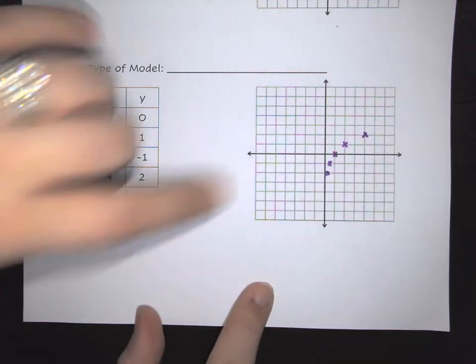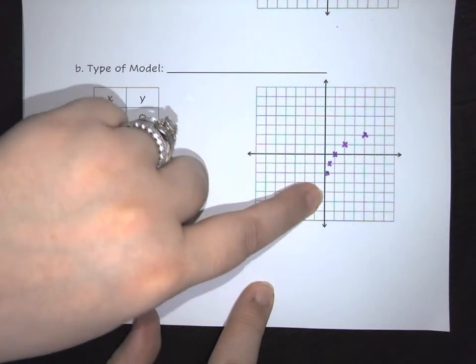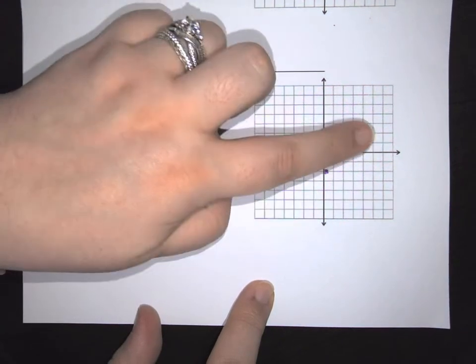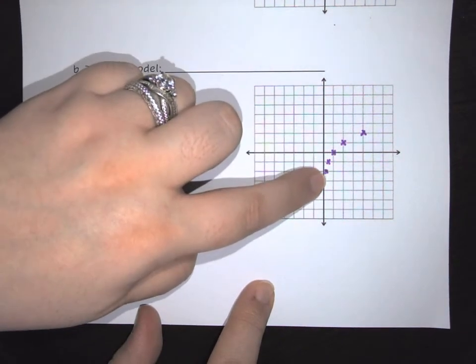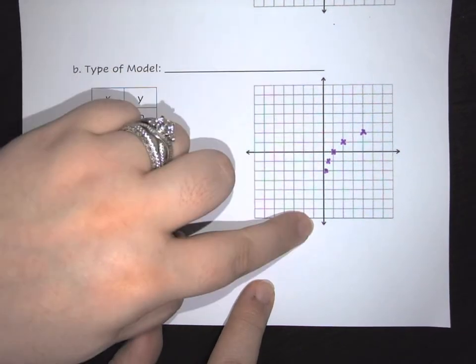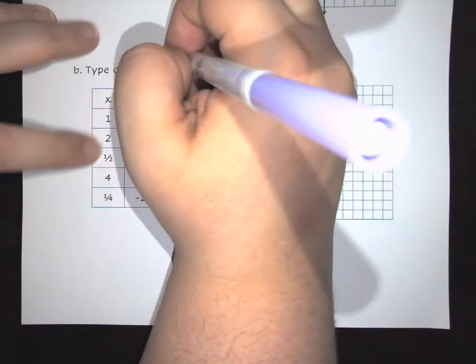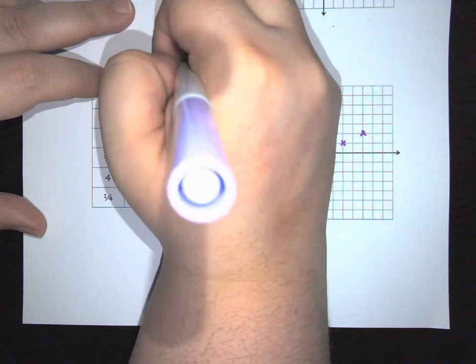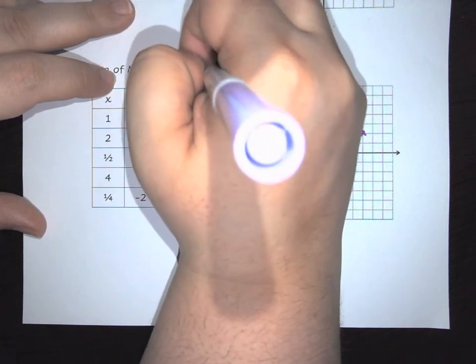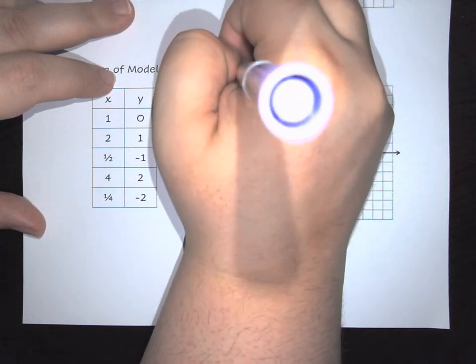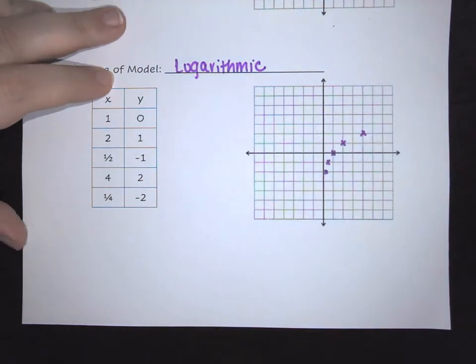And so if you look at this function, what you want to notice about it is that it's got a curve to it. It's approaching my y-axis, and it crosses the x-axis. Because of that, it's a log graph.